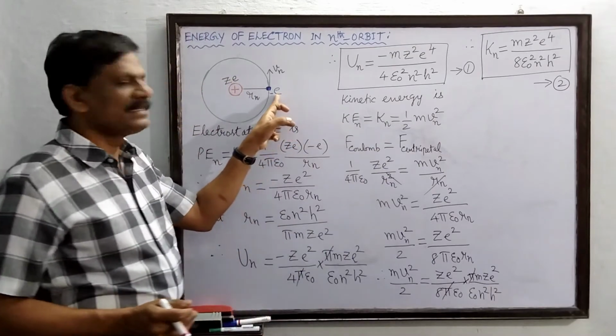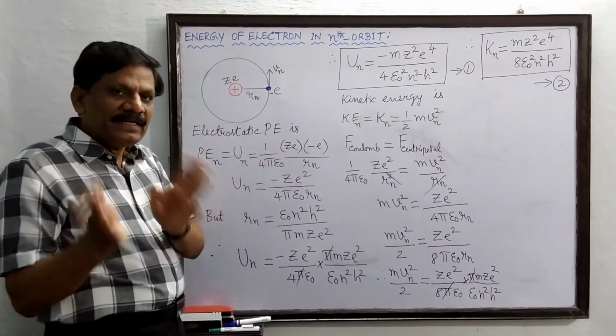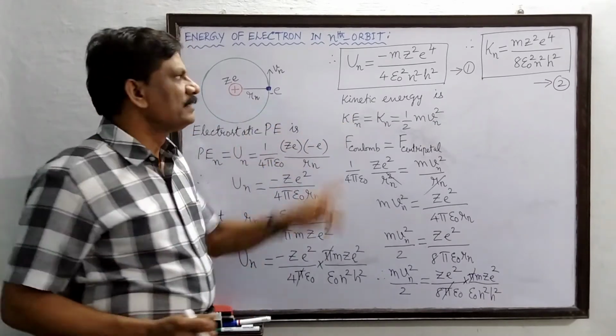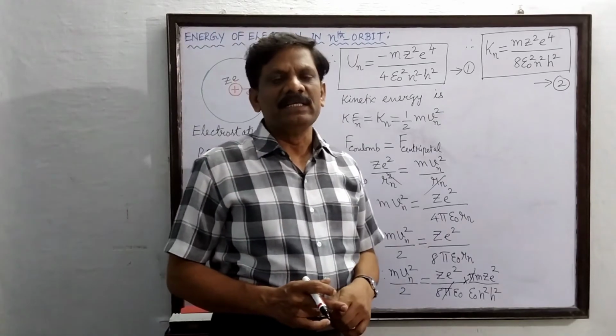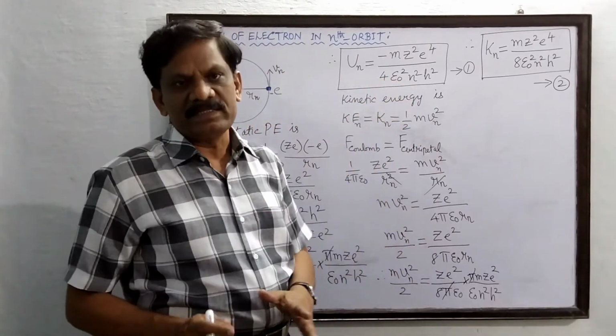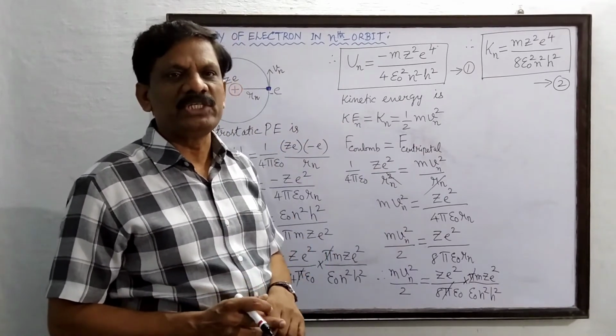The electron is negative charge, it is being attracted towards the nucleus. So against this attraction, it is moved through a distance Rn. That work done only is stored as what? Potential energy, and hence it is negative. That means it is bound to the nucleus. The electron is bound to the nucleus. That's the meaning of the negative term for the potential energy.